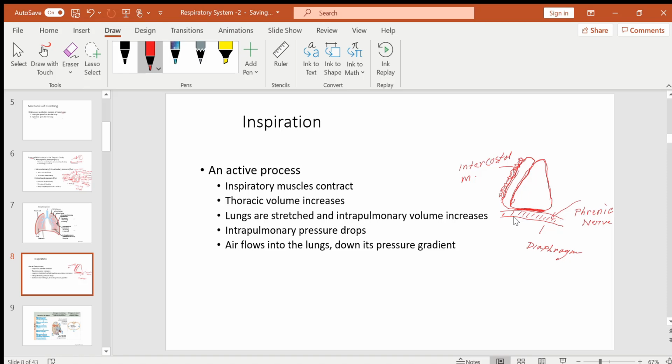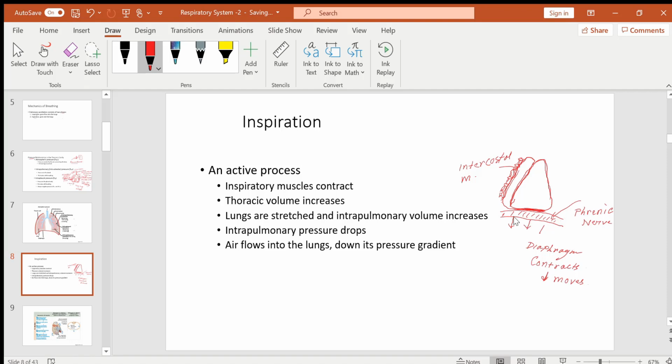So remember, this is very important. When the diaphragm contracts, it moves downwards. So the diaphragm will move downwards.